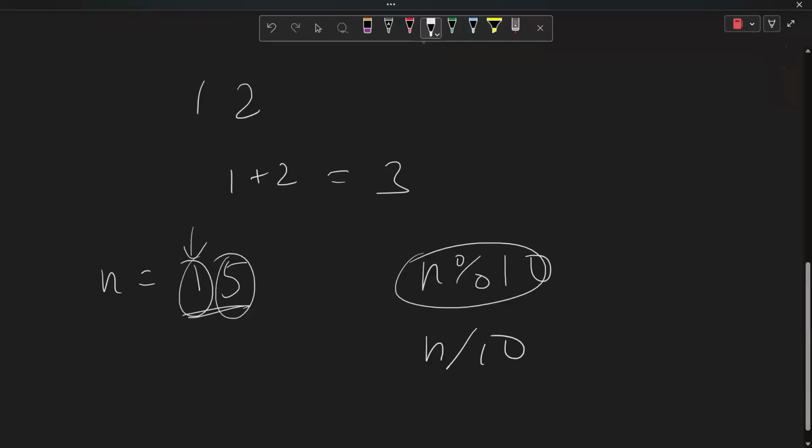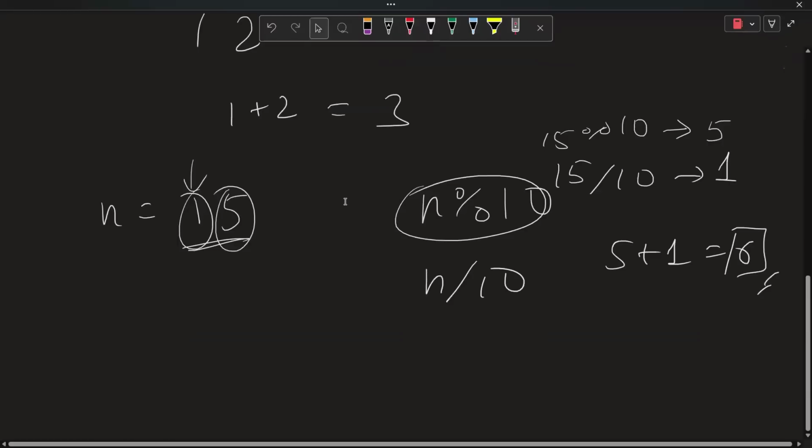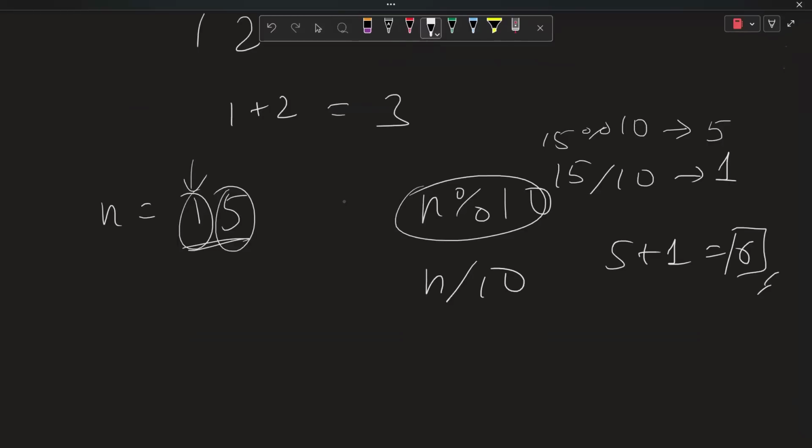So 15 modulo 10 would give us 5, and 15 divided by 10 would give us 1. So we can just add 5 plus 1 and get 6 as our answer. For a two-digit number, we can directly write n modulo 10 plus n divided by 10 as our answer.